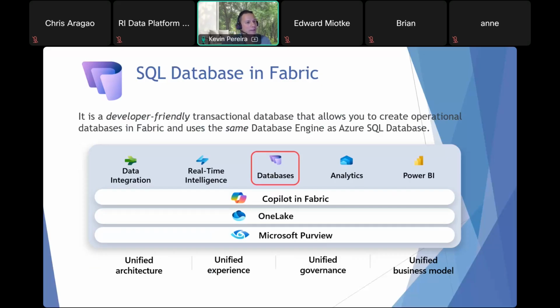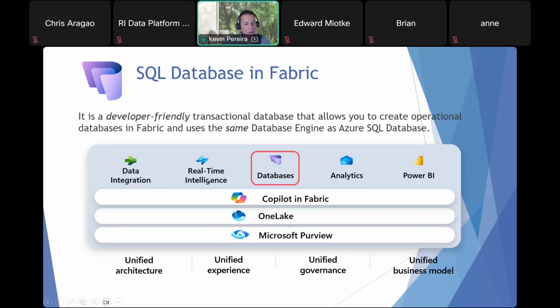And so they tried to position this product as the center of the stack, at least whenever talking about the product, because there's a true adoption story here. As this slide shows, you have the different workloads that exist there, and some of these have been renamed since I created the slide. But you have data integration, real-time intelligence, databases, analytics, and Power BI.